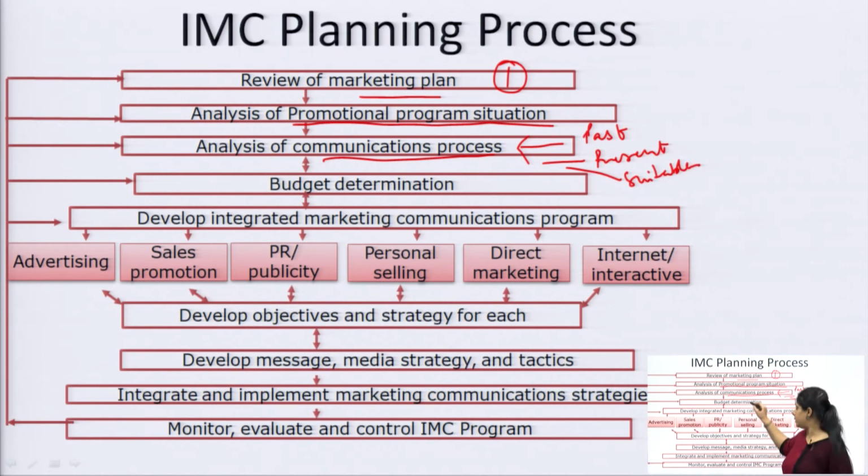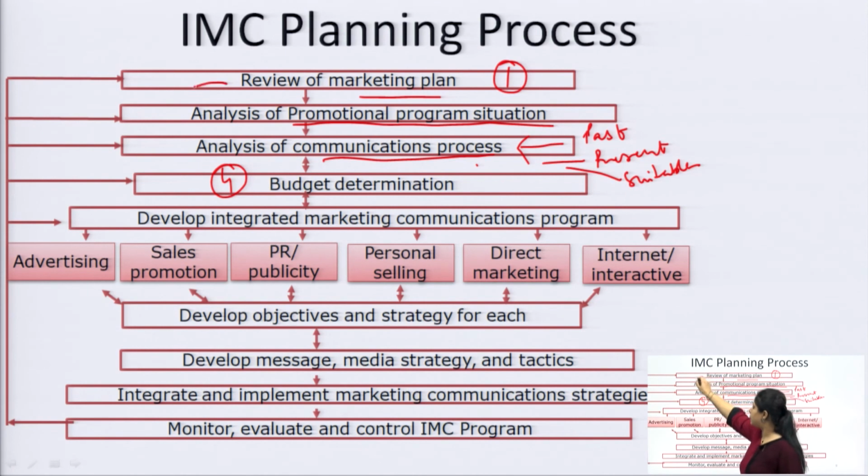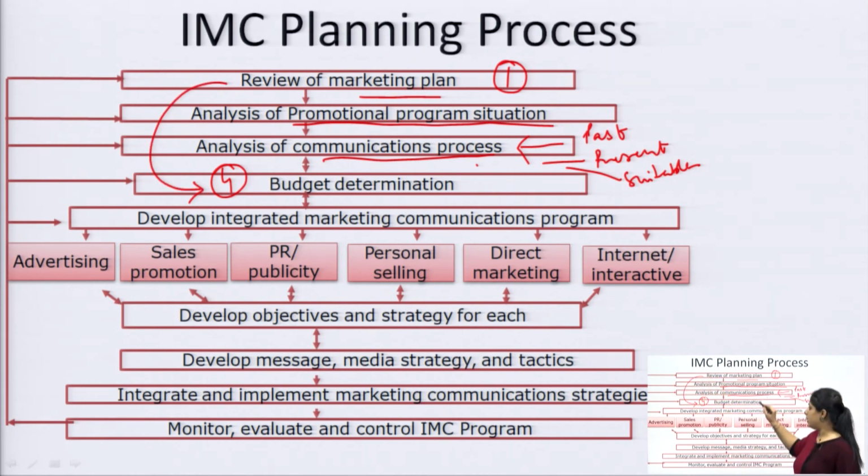Then, the next step, we focus on the budget, the approved budget that has been allocated to us by the marketing department. Along with that, we try to divide the budget across different heads, so that within the budget we can get maximum output, give a better message to the people, and increase effectiveness and efficiency.